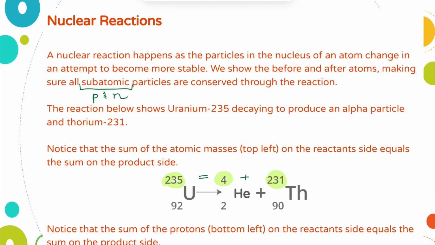Those are equal on the reactant and product side. Same thing with the protons, or that atomic number in the bottom left. We see that that 92 from our uranium equals 2 plus 90. So we're seeing that those particles are conserved.